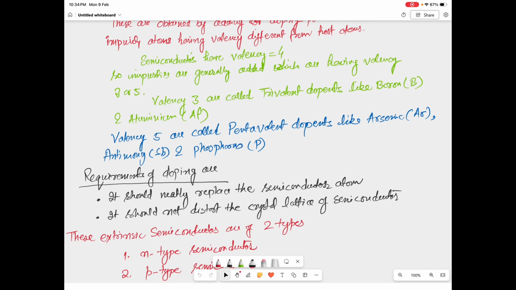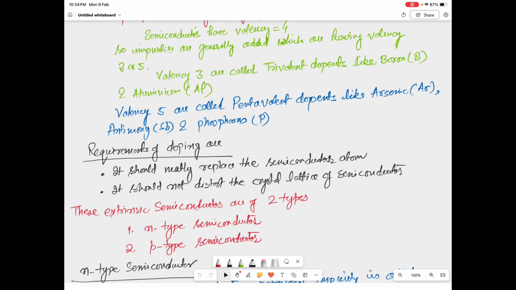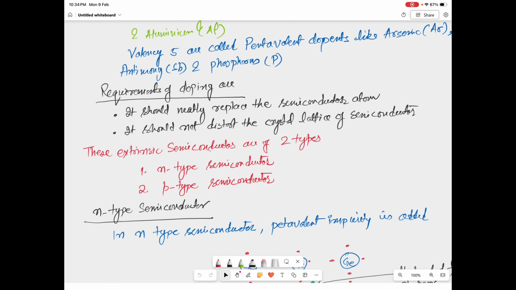The requirement of the dopants is that they should replace the semiconductor atom without damaging the actual crystal lattice. Depending on the dopant, extrinsic semiconductors are of two types: N-type and P-type.